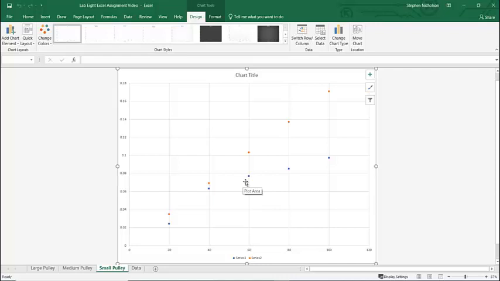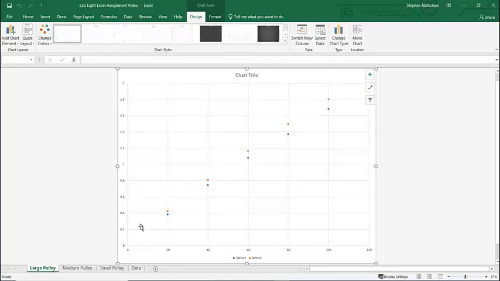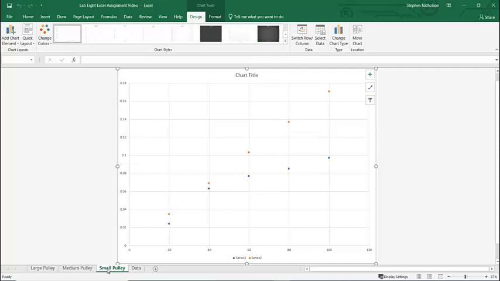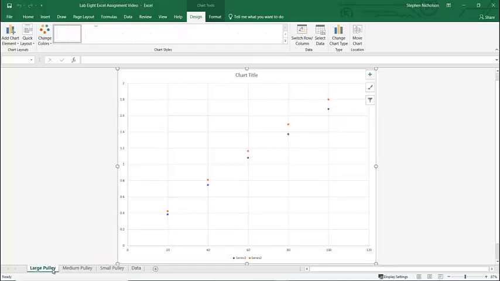So that's what we were looking for. You can see for the 20 and 40, they have about the same amount of error or difference. But once you get to the 60, 80, and 100, they start to diverge. Okay. Now we just need to work on our graph.